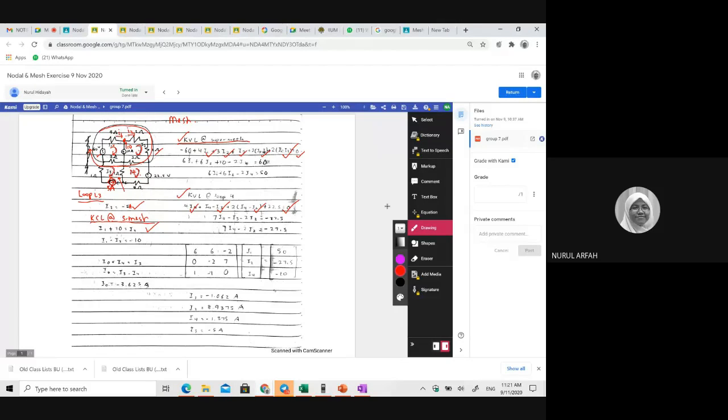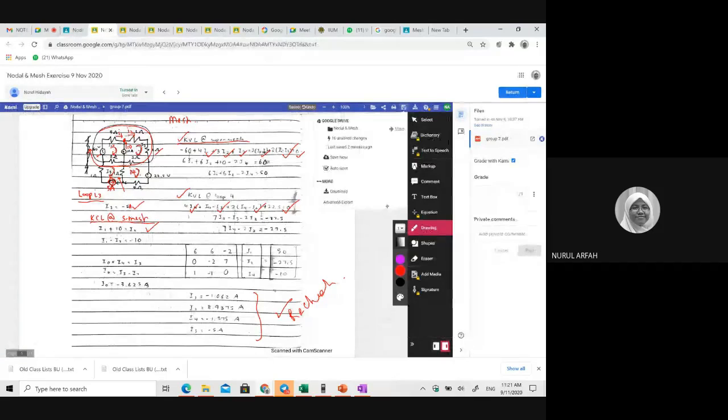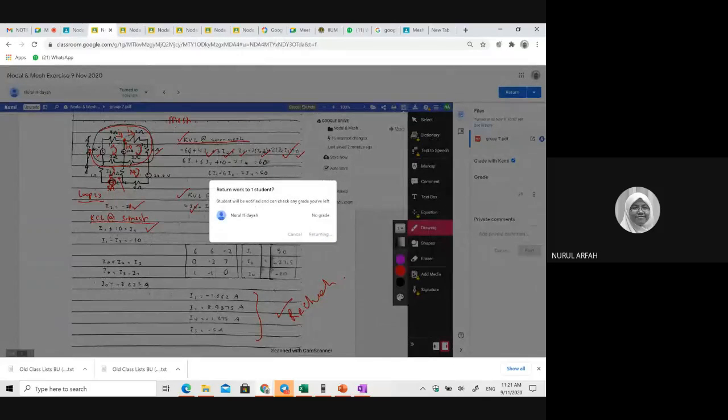There's no answer because the value is different. Tapi I hope everything is correct here sebab atas semua betul. I hope this answer betul juga. Okay, please recheck among your group members. InsyaAllah betul. Save and return. Okay, now next group.